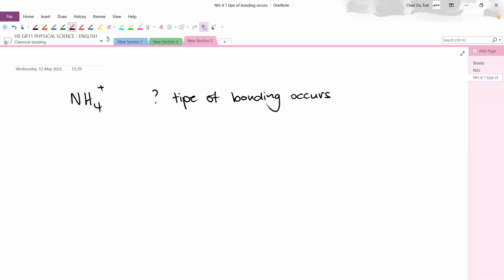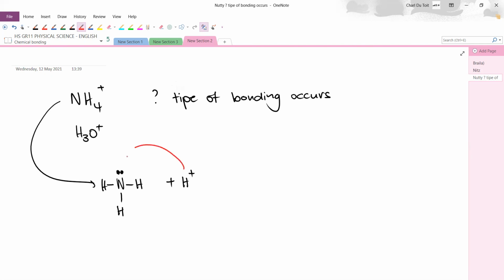So in our ammonia and in our hydronium molecules, what happens is we've got the first one, ammonia, NH3, with one lone pair of electrons. Then I have a hydrogen ion that's attracted to that molecule. Why? This lone pair of electrons is negative, and that hydrogen ion is attracted to that. But that hydrogen ion doesn't have any electrons.